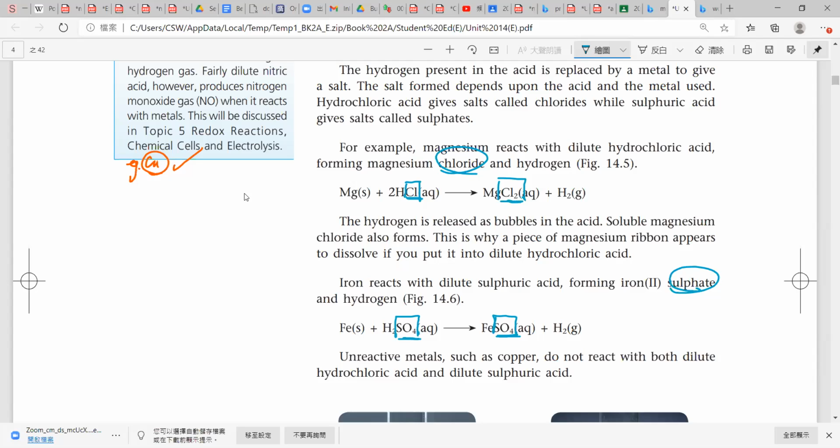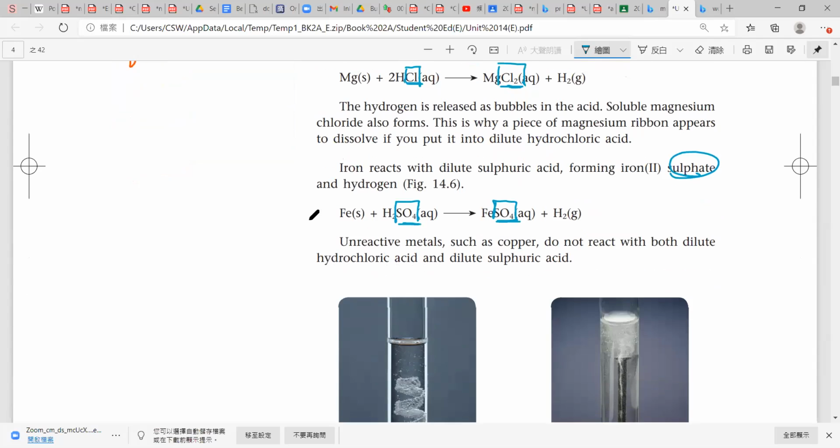Sulfuric acid, we call it sulfate. How about nitric acid? We call it nitrate. For example, calcium plus nitric acid. So what do we get? We call that calcium nitrate and hydrogen gas. Can you get the point?